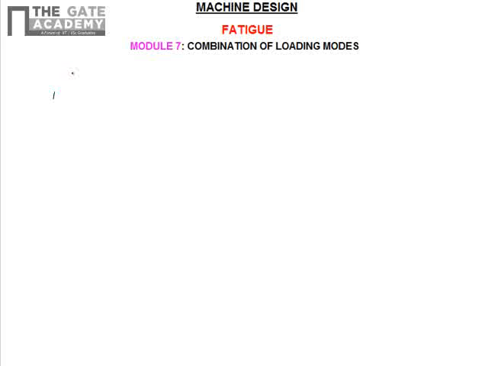First one is when the load, which is a single load, can be an axial load, bending load or a torsion load, is fully reversed. Then design of the component is carried out based on the SN diagram.